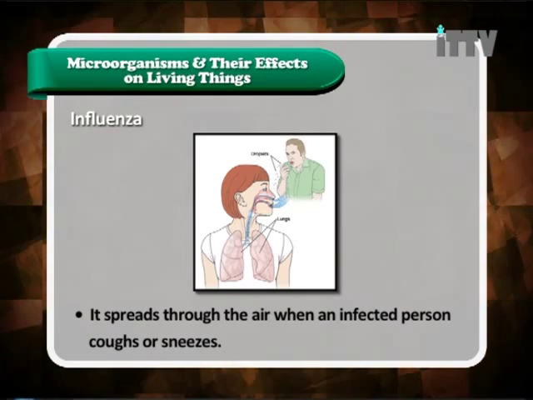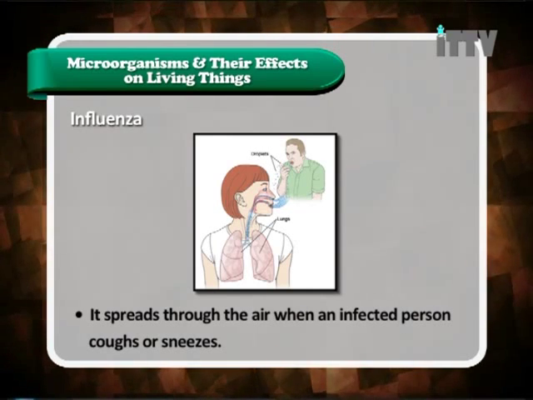So influenza or flu, something common among us, but how is it transmitted and what are the symptoms of influenza? Let's see. It spreads through the air when an infected person coughs or sneezes.